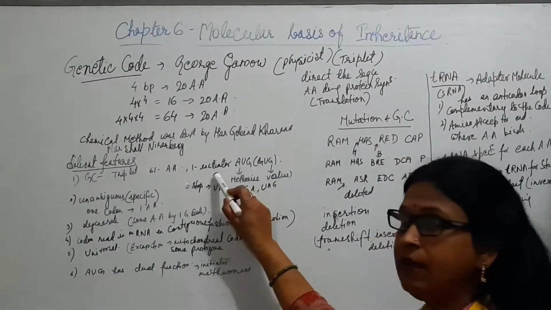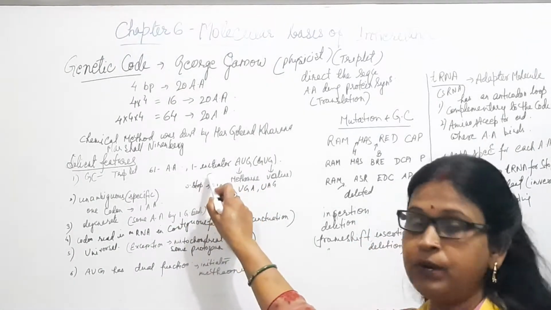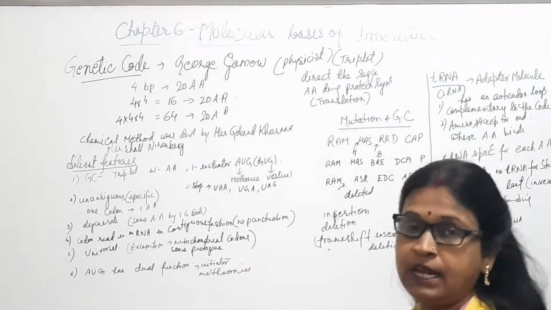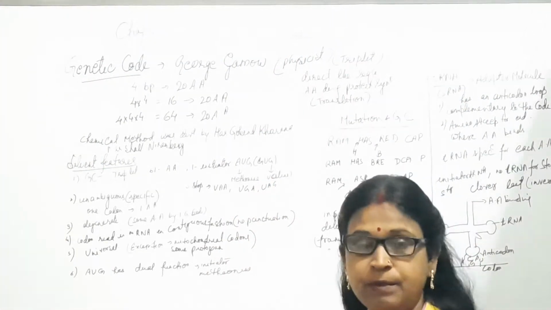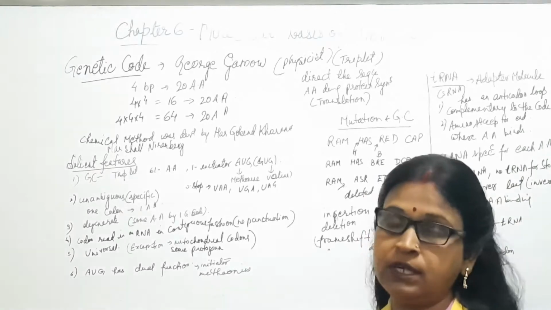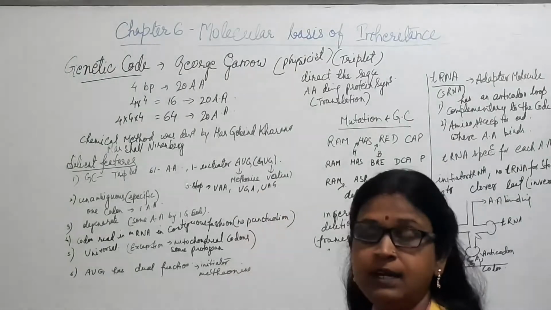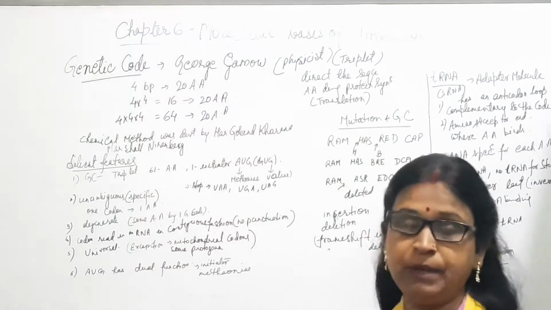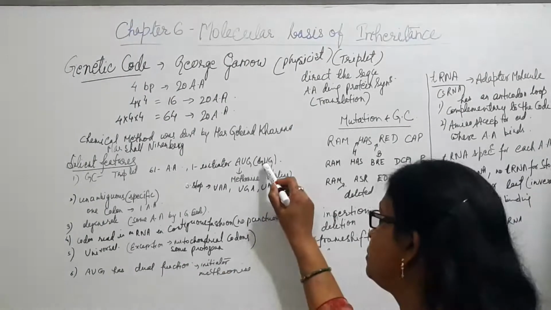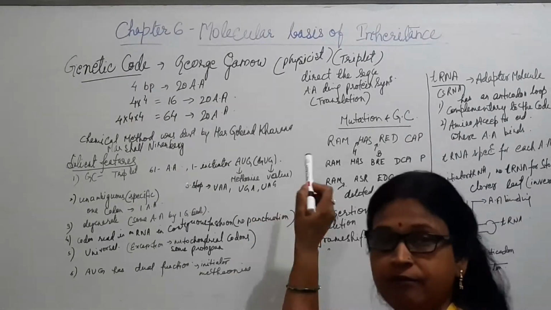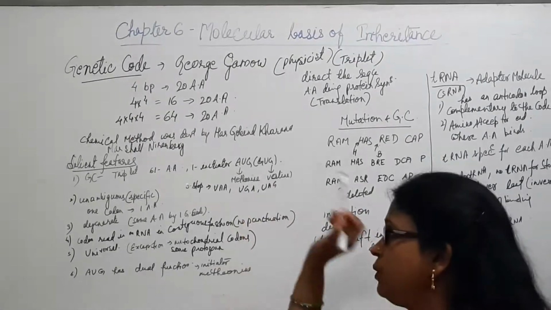Now 1 will act as the initiator codon, and that is AUG. And when AUG is there, it has another function, that it will code for the amino acid methionine. Rarely, when AUG is not available, then GUG will act as the initiator codon, and the amino acid will be valine in place of methionine.